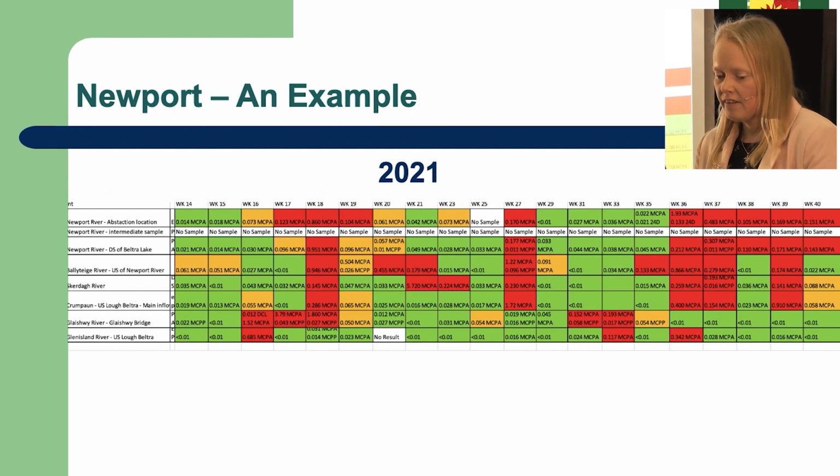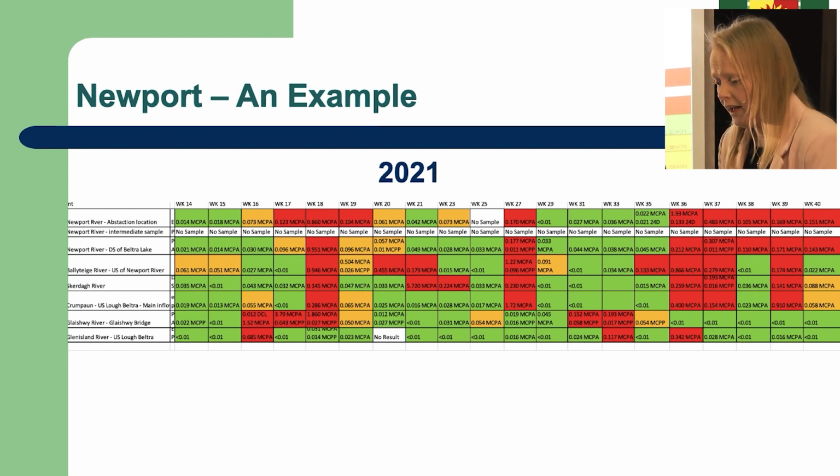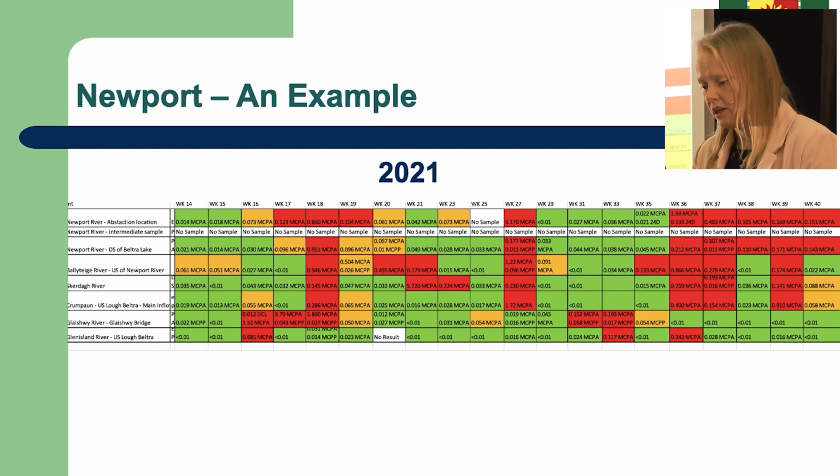The column on the left-hand side going down is the sampling points. The one at the top will be starting nearest the extraction point for that catchment, and then the samples move out down through the catchment. And then the columns that move along is the weeks of sampling. So just to give you an explanation for the colour coding of the chart, the red indicates an exceedance, so it's a reading that has come in over the 0.1 micrograms per litre.